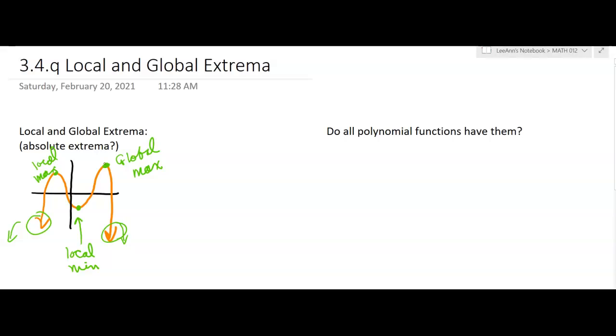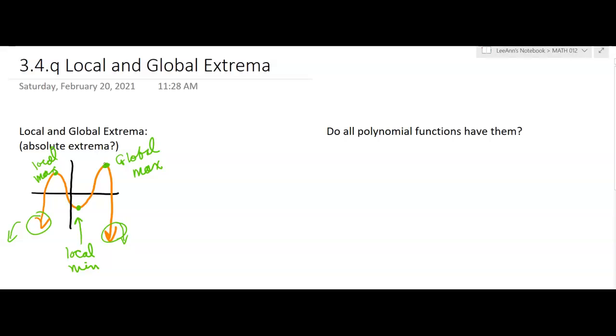Okay, so you might be thinking, but didn't we already do that when we were talking about absolute maximums and minimums? I tend to think of the absolute ones more in terms of a defined domain that's not from negative infinity to infinity.